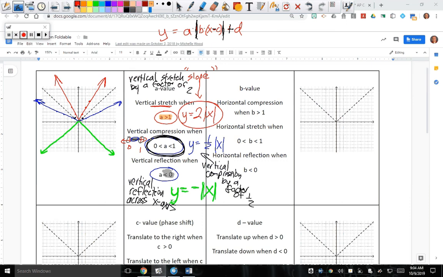Okay? So the way I want you to think about this: so far we followed intuition and we followed the rule. This is me leading you to the shortcut that I'm trying to give you at the very end of the notes. Over here, the B value, I said this last class, is with the x.